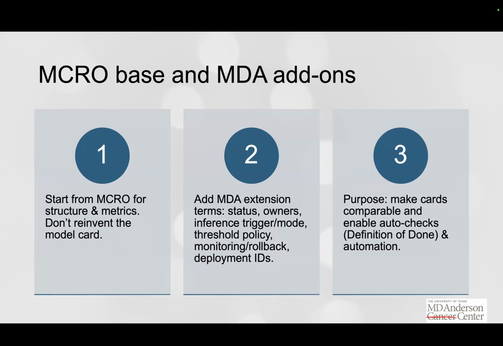And so we are in the process now of interacting with MCRO and integrating the list of terms that we are not seeing in the ontology that are needed from the model card, as I showed you before, looking at CHAI, which seems to be one of the most used standard model cards, NIST, and our vendors, and trying to collect all the new terms that we need to integrate in the ontology.